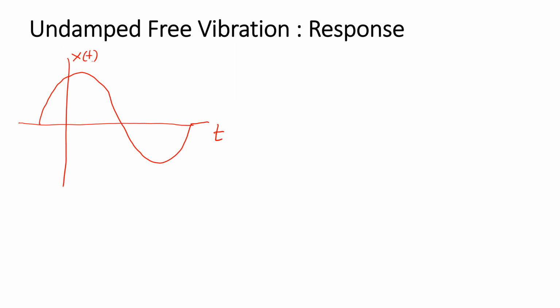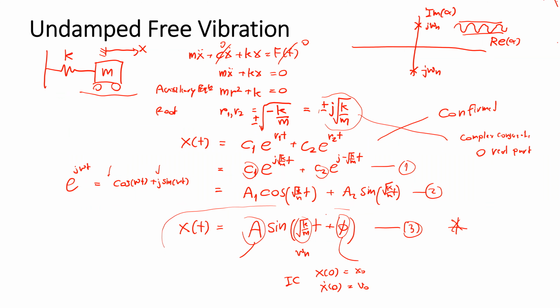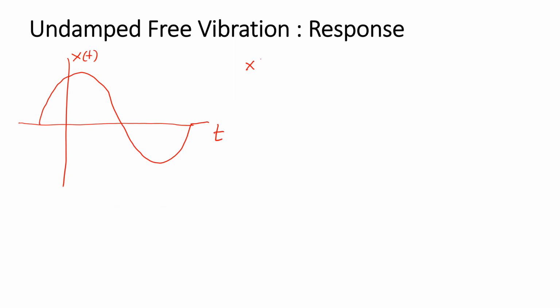And we come back to this type of solution. We have x equal to one magnitude multiplied by sine of omega t plus the phase shift. And for the undamped free vibration, omega is simply the natural frequency.